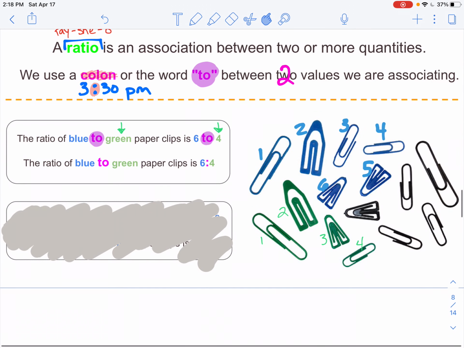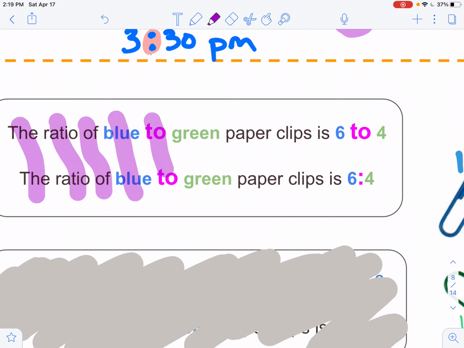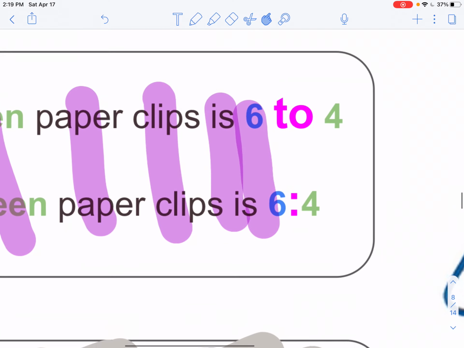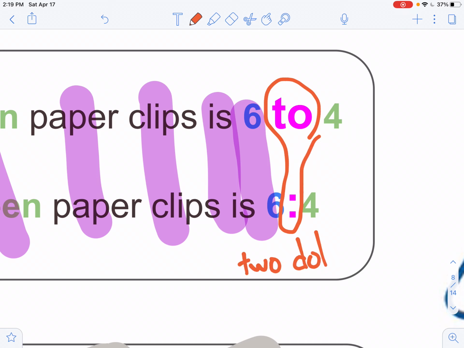Now, up on top, I said we can use a colon as well. So take a look at the next sentence. Everything is almost exactly the same, except one thing has changed. The ratio of blue to green paper clips is 6:4. Notice what's changed. It's what comes after the 6. The TO got replaced with two dots.